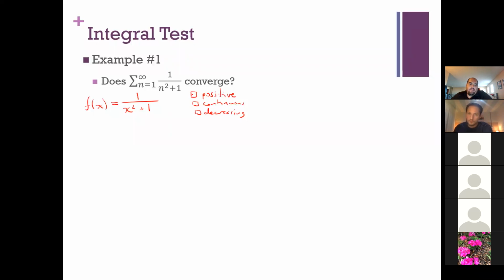Yes. Positive, yeah, I am dividing 1 by a number that is going to have to be positive. Decreasing, the denominator grows while the numerator does not. And continuous, there is no real number that can make the denominator equal to 0. So it's definitely going to be defined everywhere. It's going to be continuous.